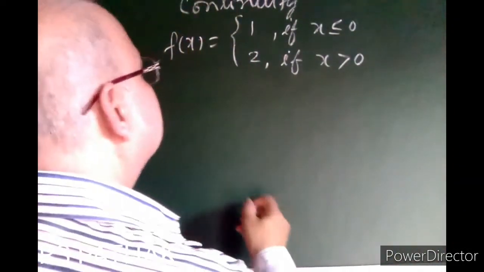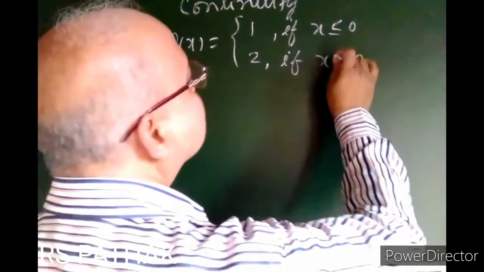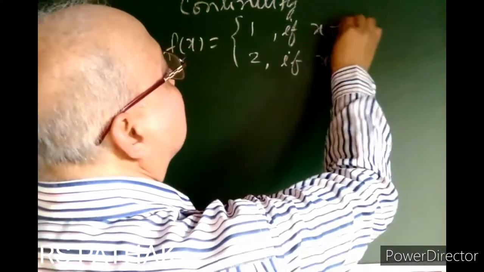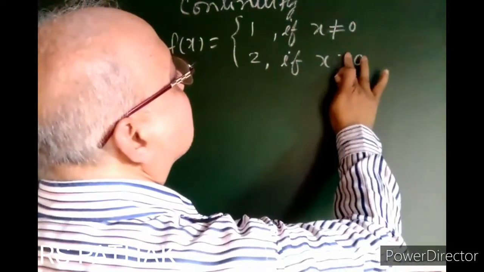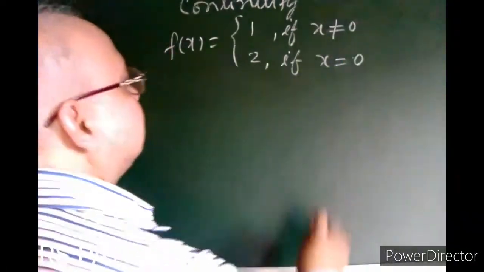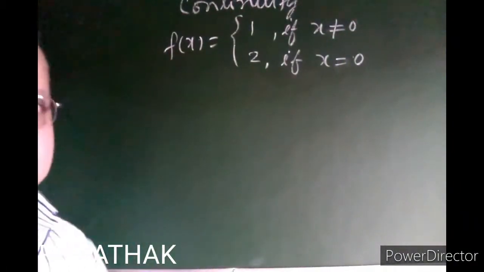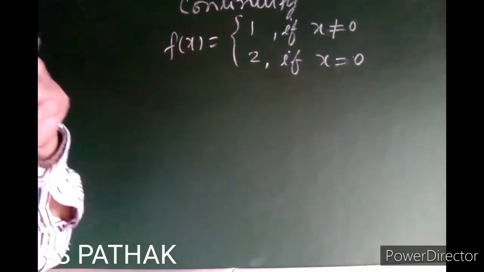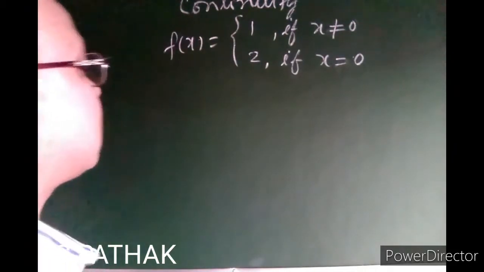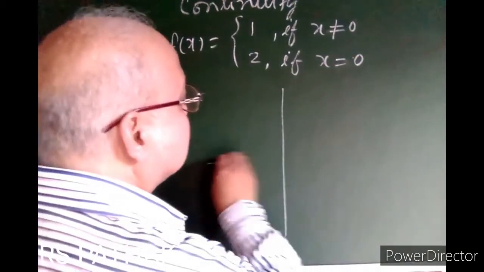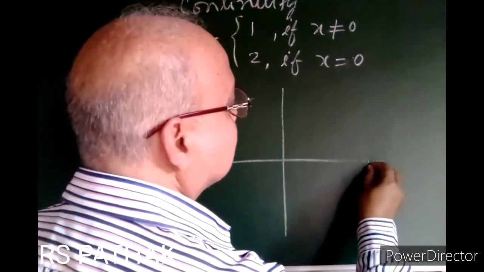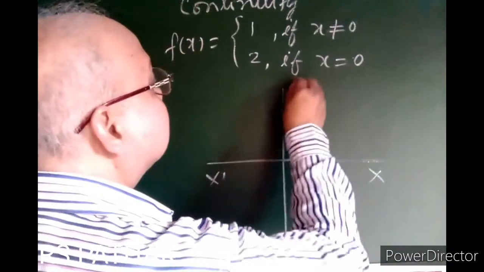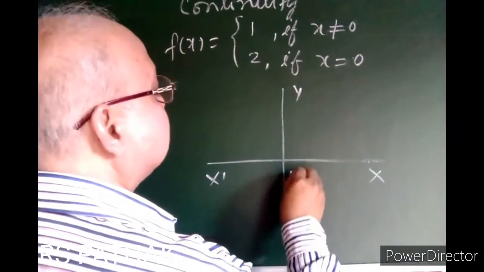Let us suppose the function f(x) is 1 if x is not equal to 0, and 2 if x equals 0. This function is given. We can see it by drawing a curve with x dash, y dash, and origin.